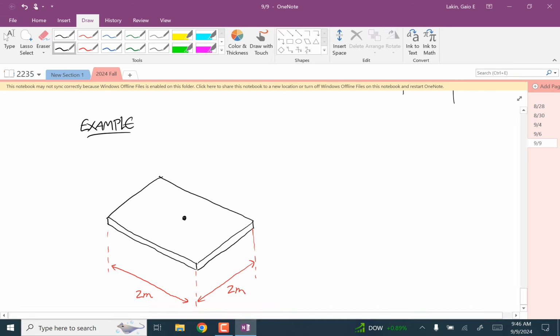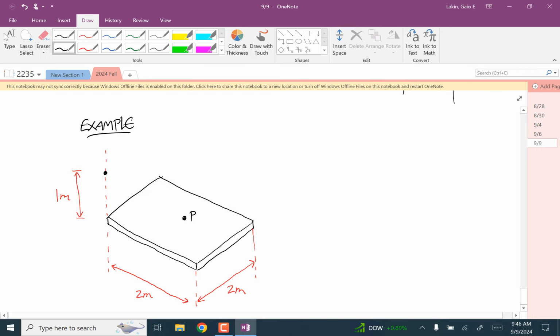We'll call this point P. And then 1 meter up the wall here is the connection for a cable.